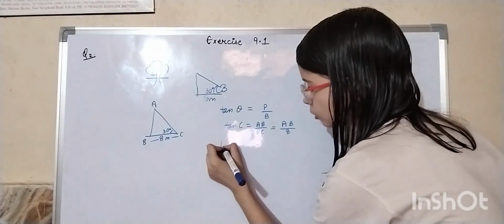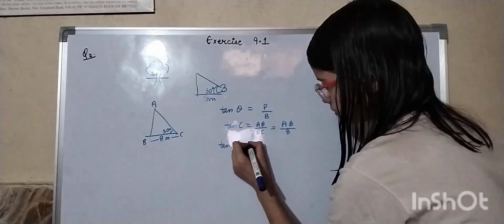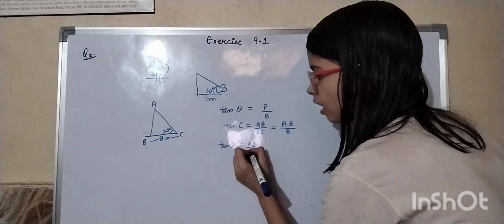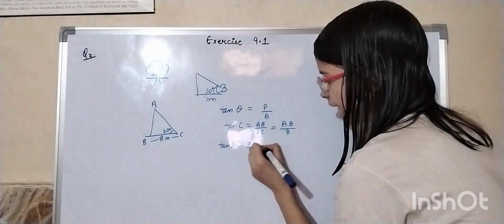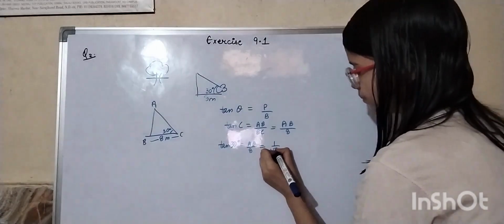Now here we know that tan 30 degree is equals to AB upon 8, and tan 30 degree is equals to 1 upon root 3.